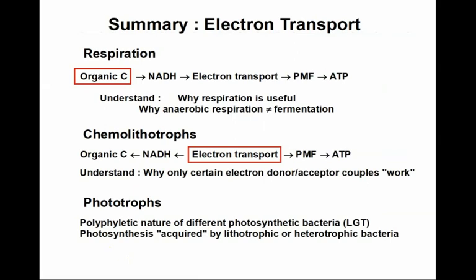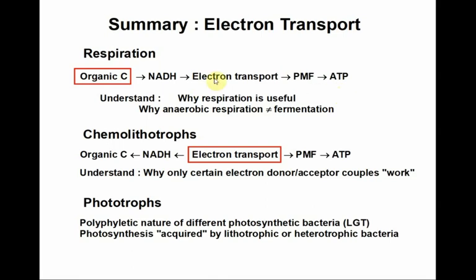Okay, so I think that wraps it up for me. This is just a summary of how bacteria are producing their energy. So, respiration. The electrons start on organic carbon. They're transferred onto NADH. The electron transport chain generates proton motive force, and this allows you to produce a lot of ATP.